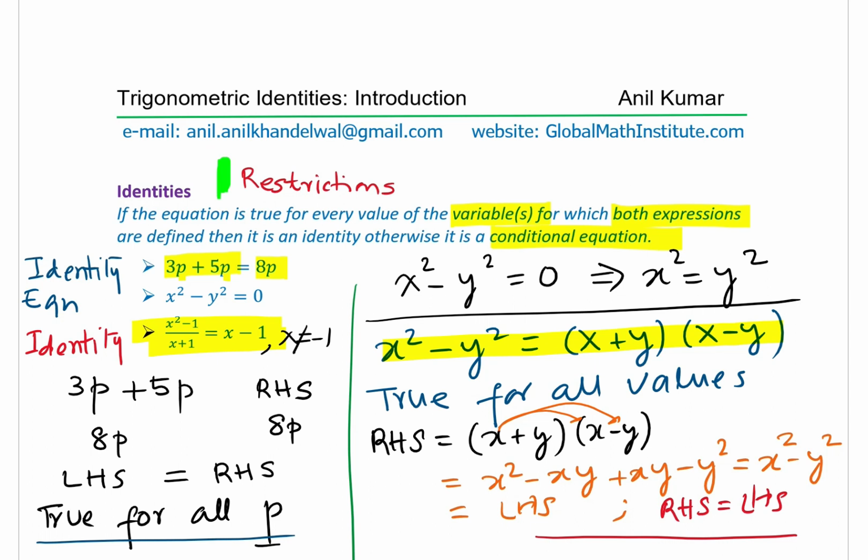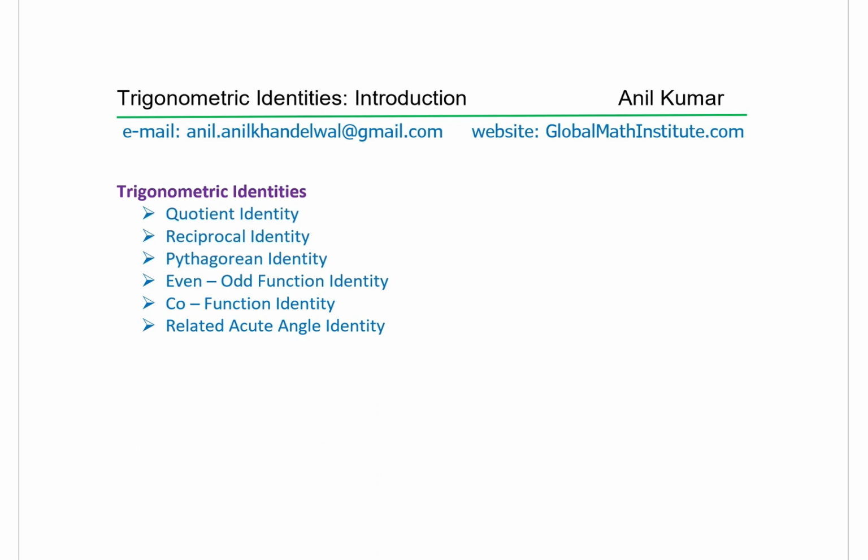Now, when we are talking about trigonometric identities, we have an expression on the left side equal to another expression. These will be termed the left-hand side expression and the right-hand side expression, with the equal sign in between.